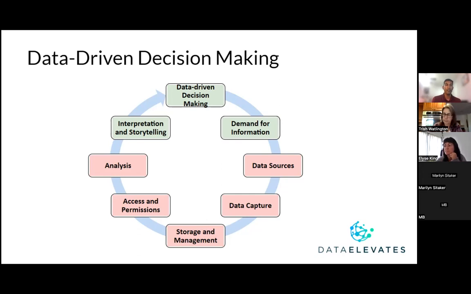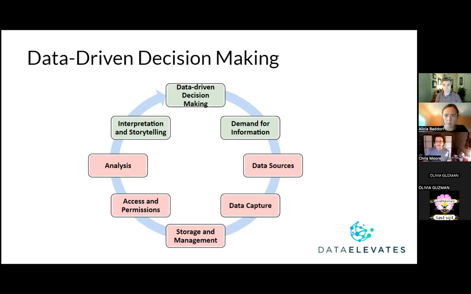If we start going clockwise through this, from demanding information, the idea there is really that we should have questions we're trying to answer. For a farmer, of course, these are business or farm questions. For example, what price should I charge for my cherry tomato or avocado product? That could be a question, right?